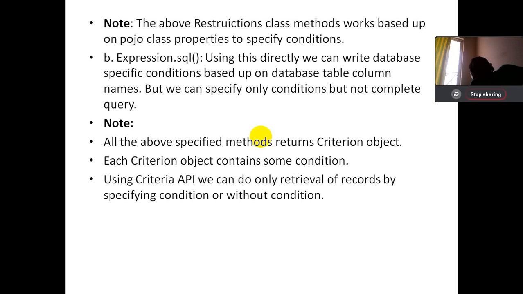So obviously a criterion object will have some condition. Using criteria API, we can retrieve records by specifying a condition or without a condition. Our first program was retrieval of records without condition, and our next programs were retrieval of records with condition. Am I right?